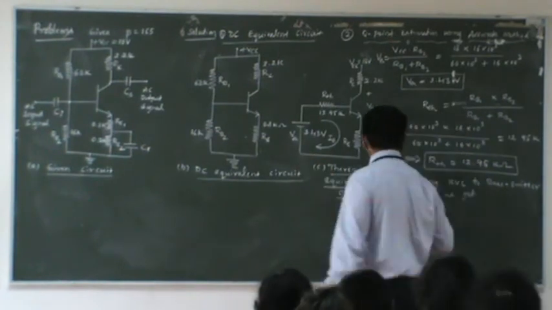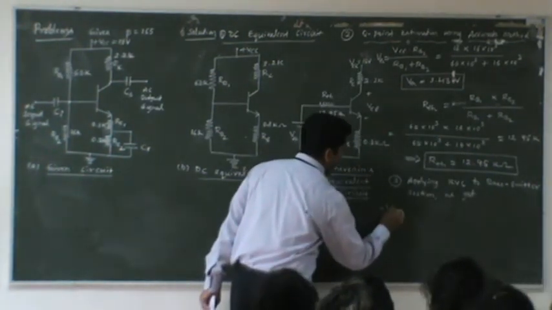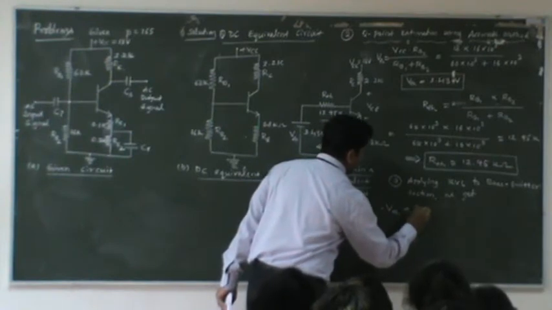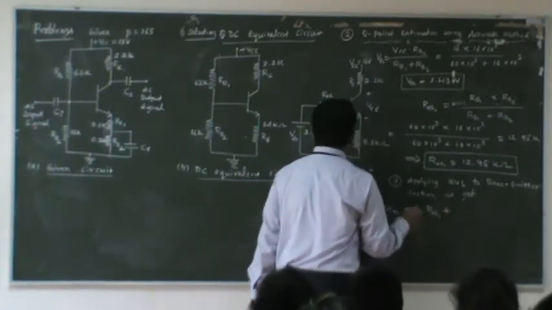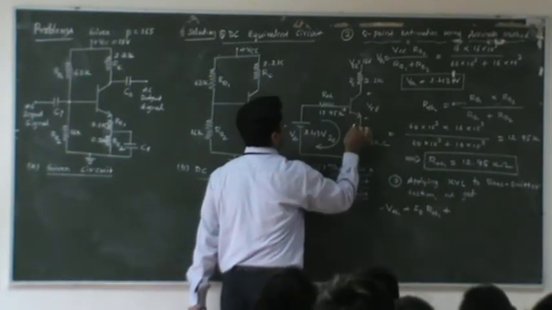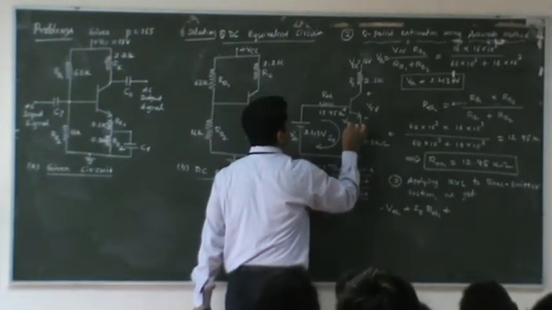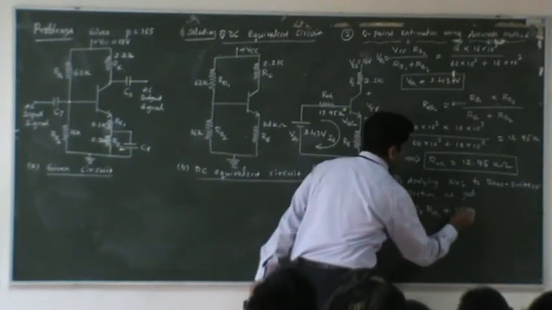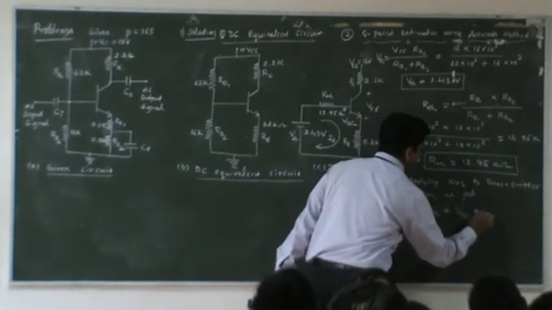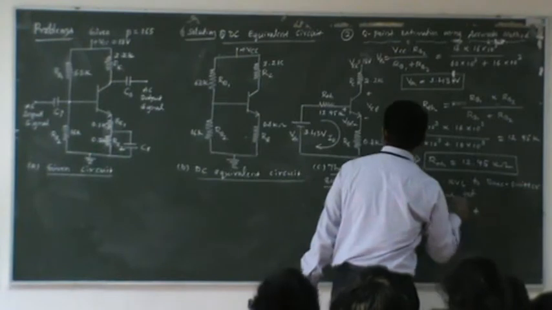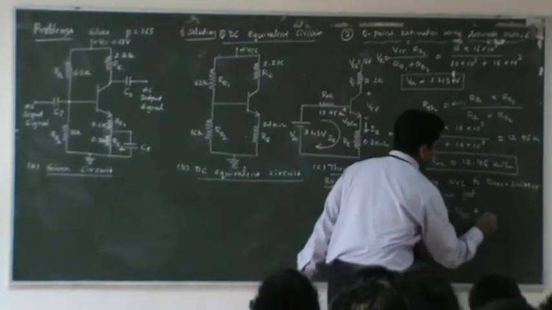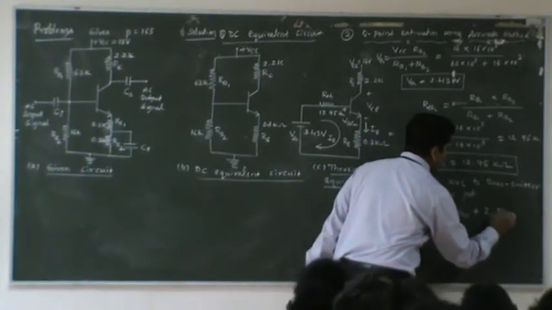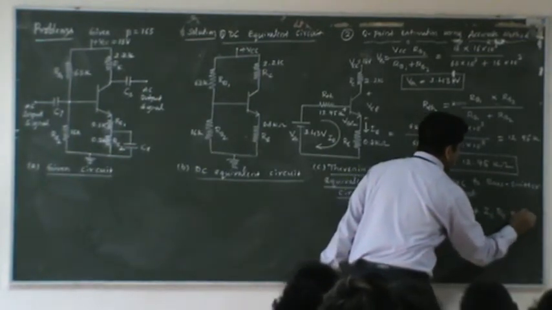You get: minus V Thevenin plus IB times R Thevenin plus, don't forget the drop across base and emitter, VBE, plus the current flowing through RE, IE times RE, which is equal to zero.